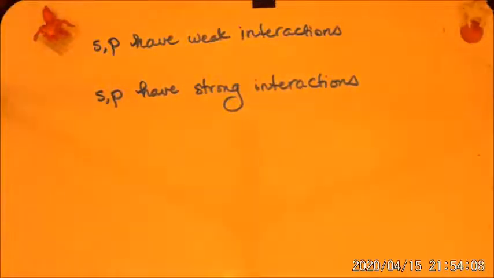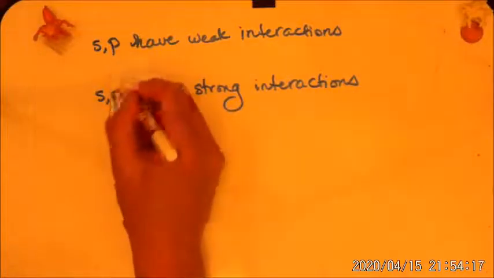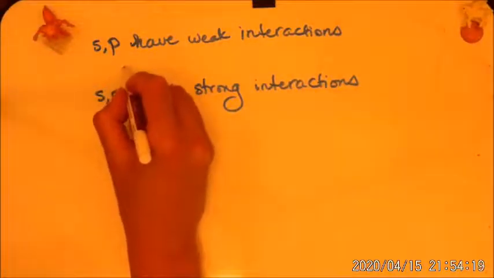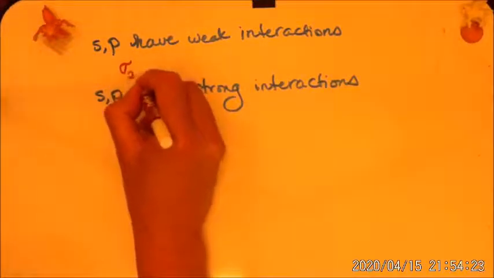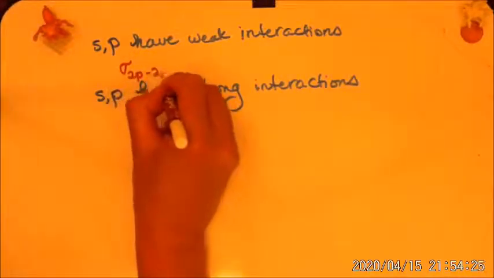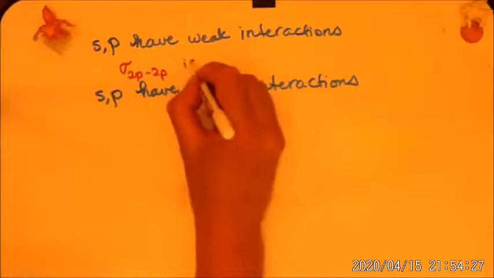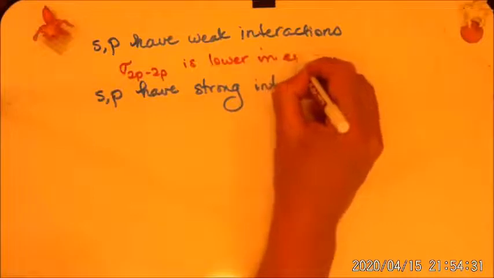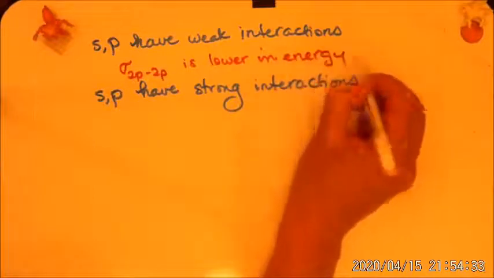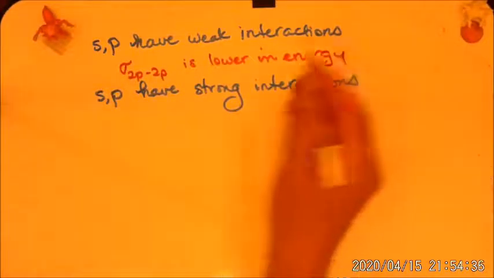Okay, so what's the difference? Well, when s and p have weak interactions, when we draw our molecular orbitals, then basically my sigma 2p 2p is lower in energy. And it's going to be pretty much the same as what we've been doing.